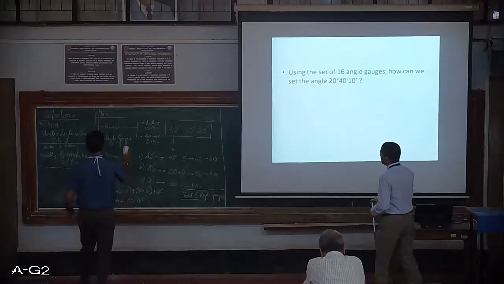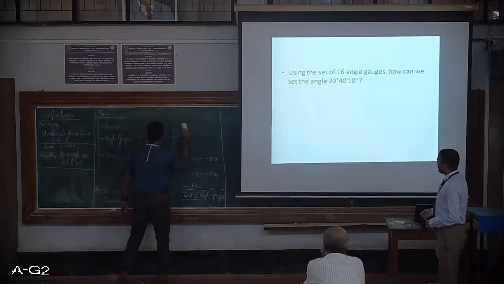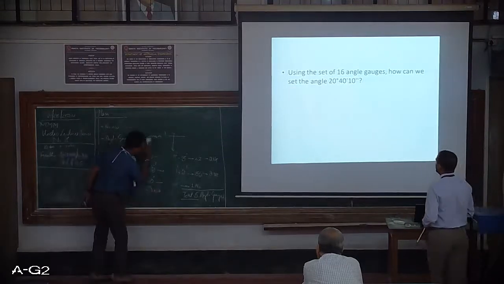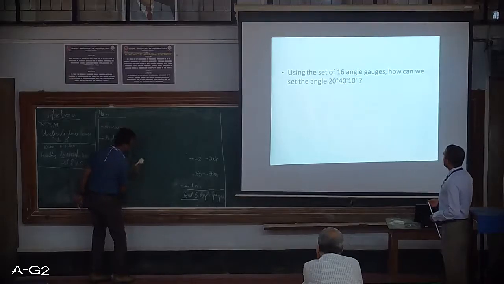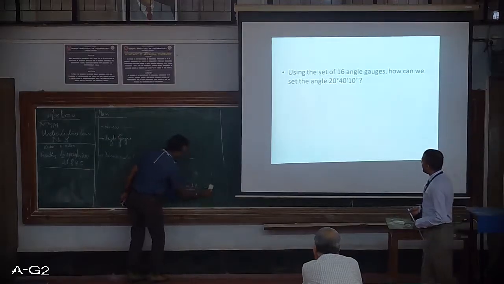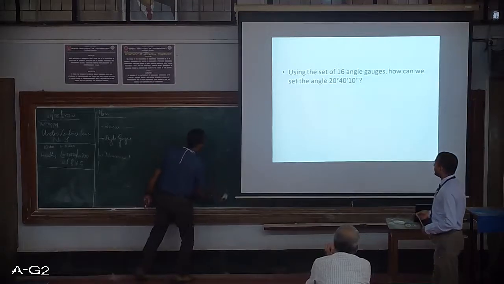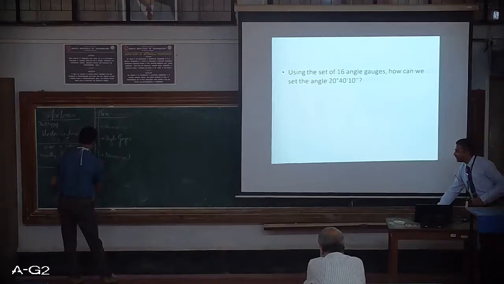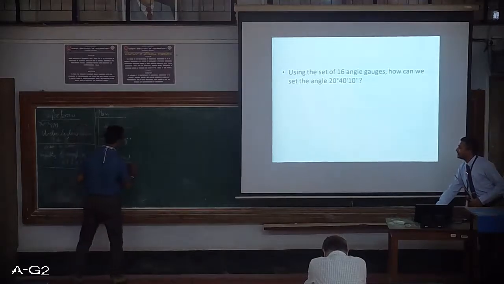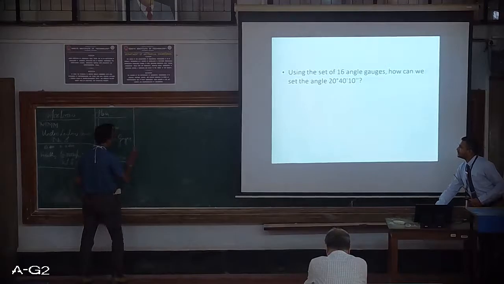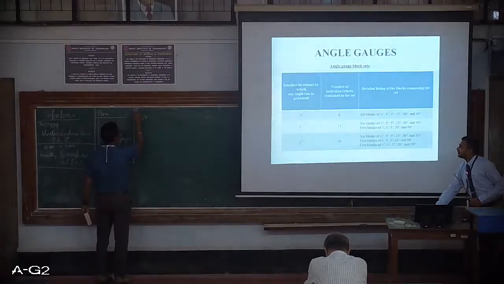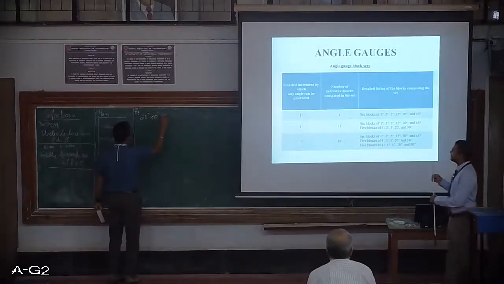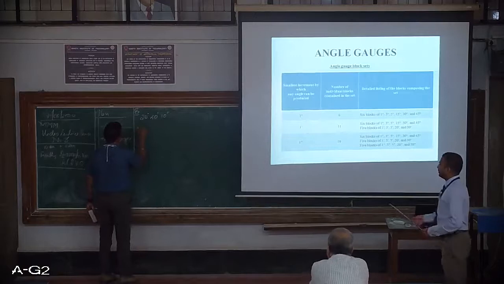So we can do one more numerical. So again, this is how a question might be asked. Using a set of 16 angle gauges, set the following angle: 20 degree, 40 minutes and 10 seconds.